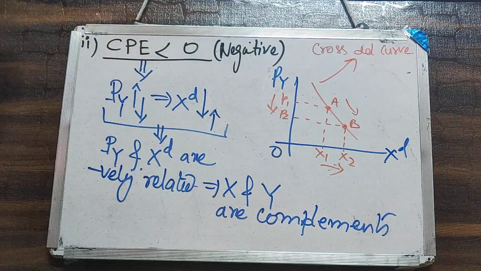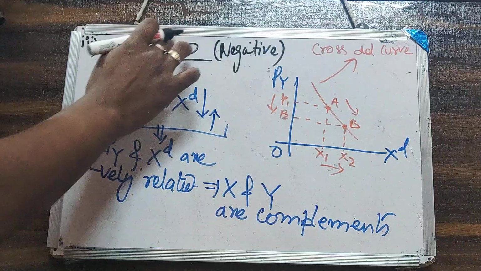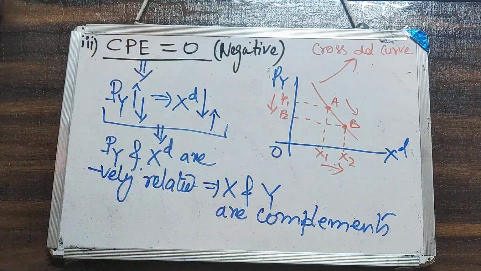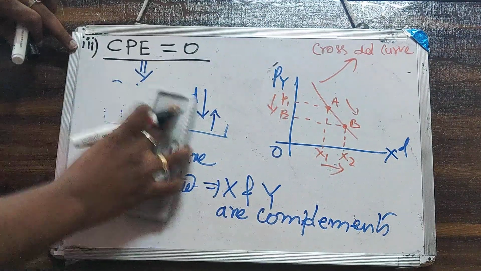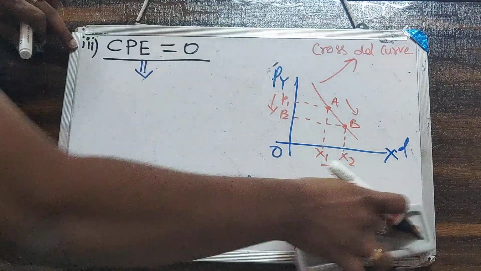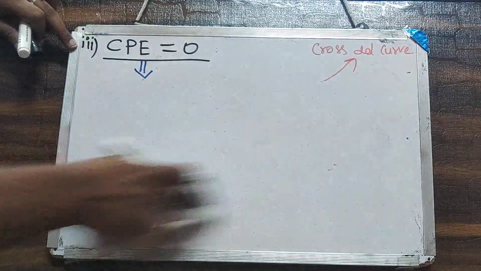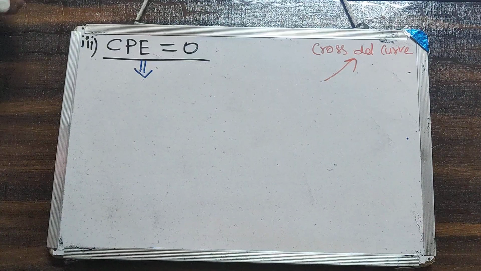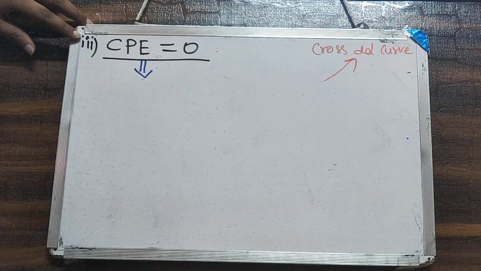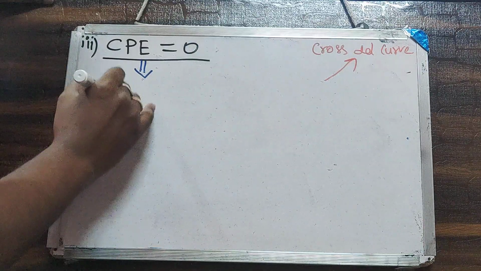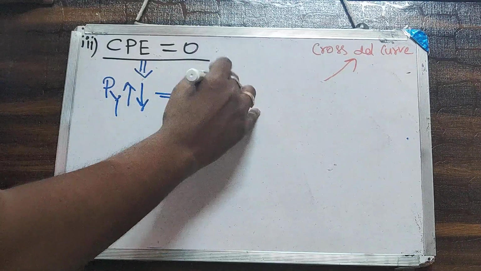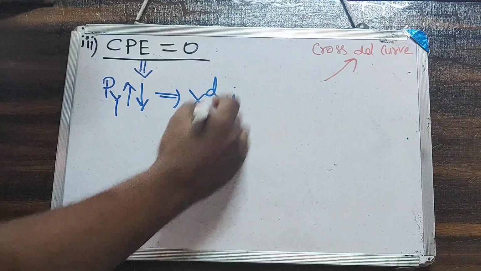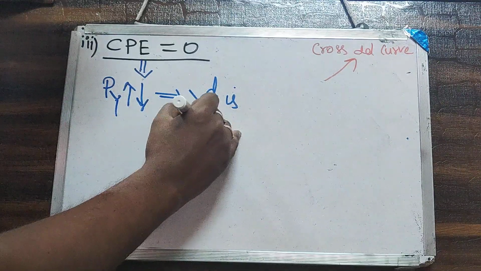Now, in the third case, we will discuss the case where cross price effect is equal to 0. Now, if cross price effect is equal to 0, it would indicate that with a change in the price of good Y, demand for X is constant.